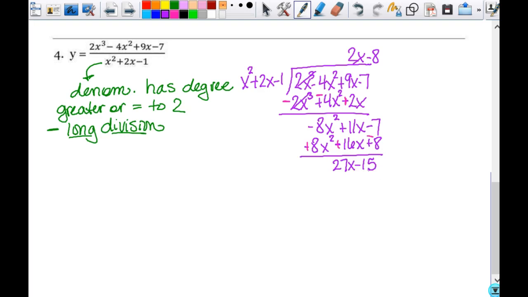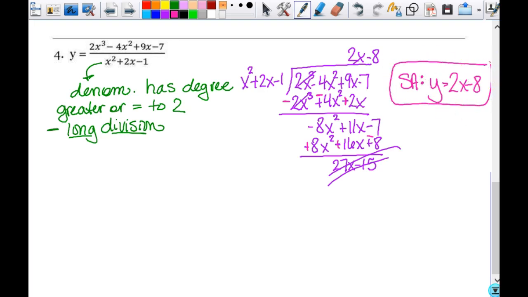Can I divide any more? No, this is my remainder. What do we do with the remainder? Nothing. We don't care, right? We're done. And so my slant asymptote then is y equals 2x minus 8. Everybody okay with that? We good?